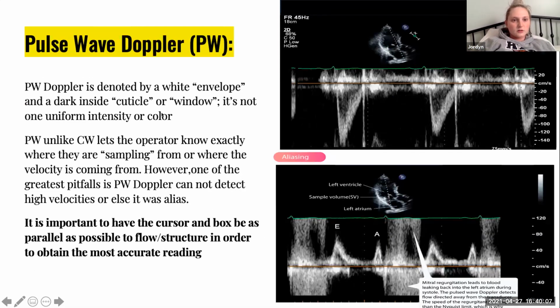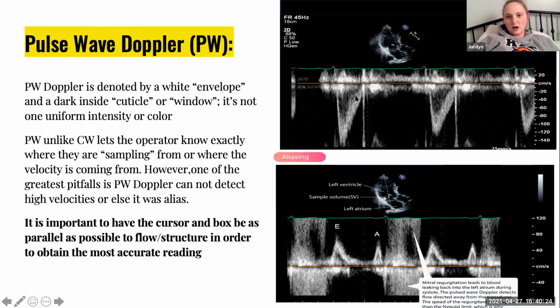All right, so now I have pulse wave, and I just talked about it a little bit, but it's denoted by the white envelope. And all of these are going to carry characteristics which are really important in treating patients for certain diseases.